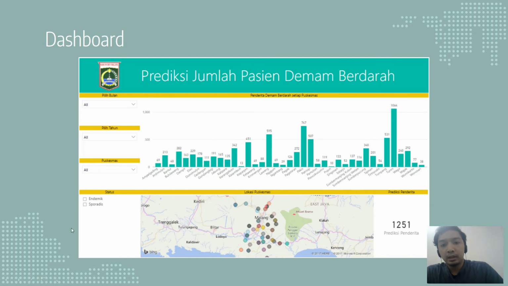So in here, above here, the biggest graph is the number of cases of hemorrhagic fever in every district in Malang Regency. As we can see, Turen district has the highest number of hemorrhagic fever cases, and it reached 1064.